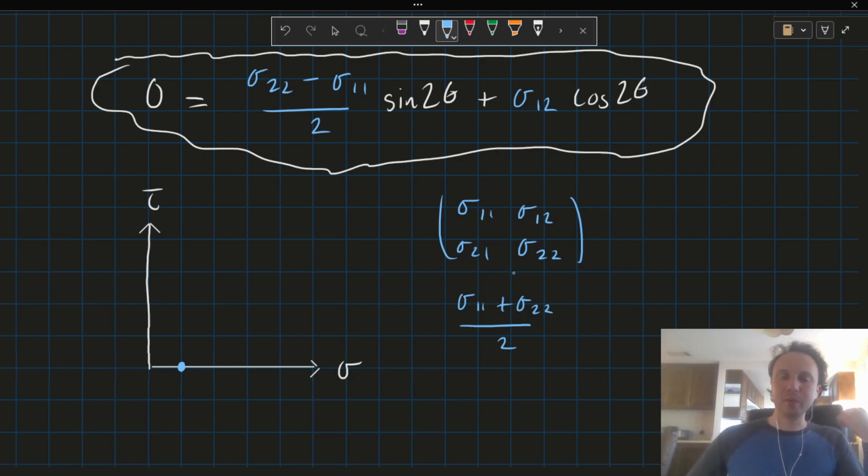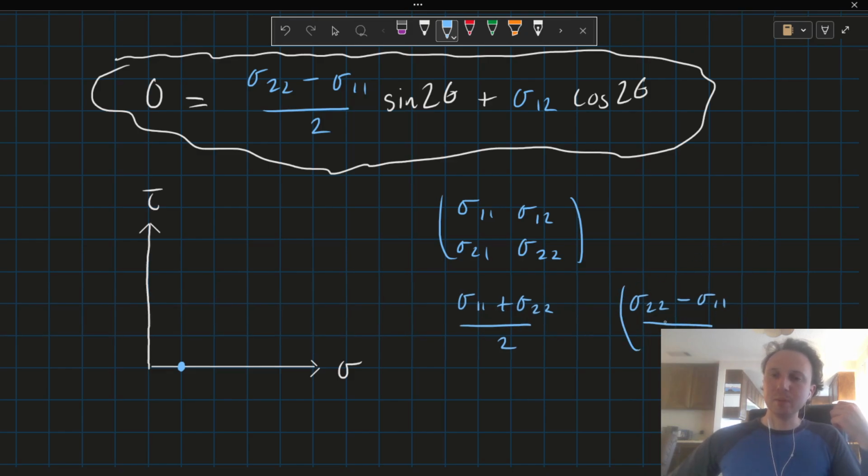And then now we want to find the 2 other points that we would get from this. And so the way we would do that is we go up here and we take the difference between sigma 2,2 and sigma 1,1 over 2. And we do this 0.